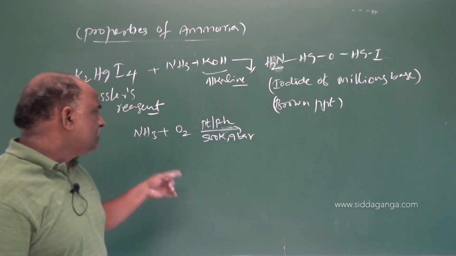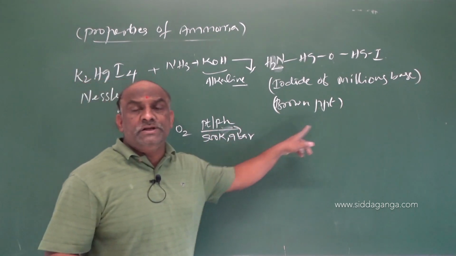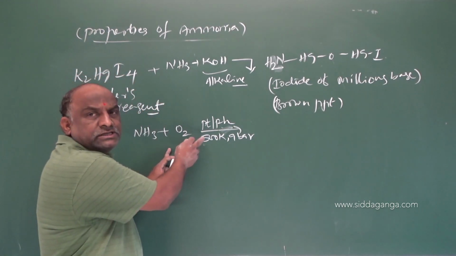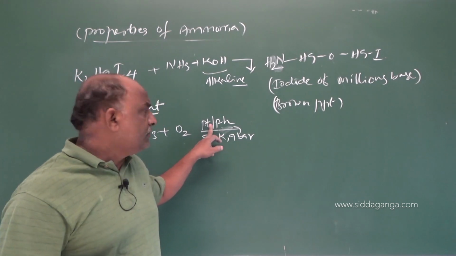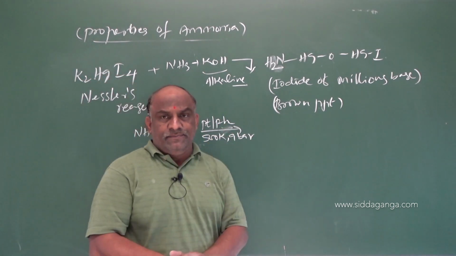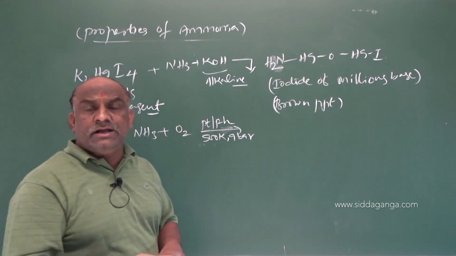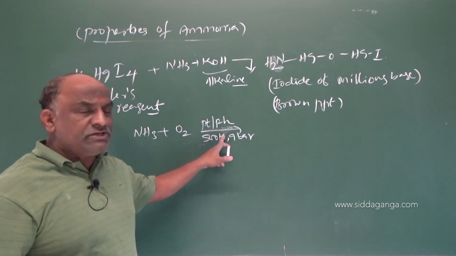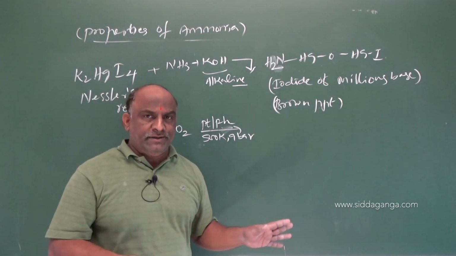Generally, what will be the combustion? Complete combustion of ammonia liberates N2 plus H2O. But this is not complete combustion; this is partial combustion, because the reaction takes place in the presence of platinum and rhodium, which act as catalysts. This reaction requires 500 Kelvin temperature and 9 bar pressure, so some conditions are required. This type of combustion is insufficient, not complete.